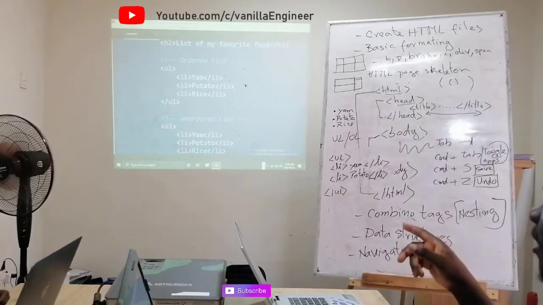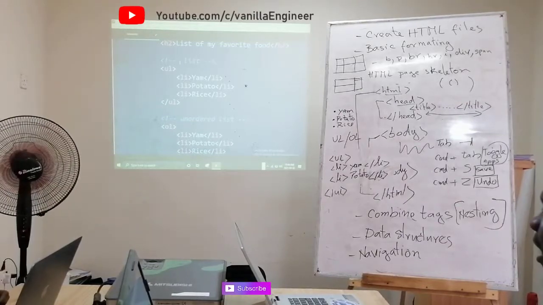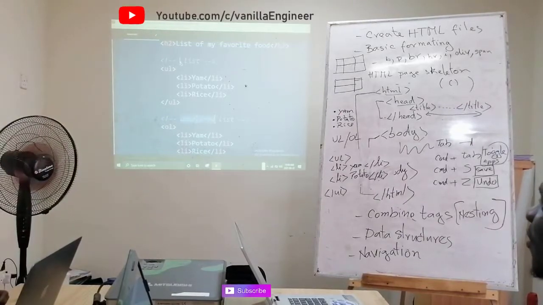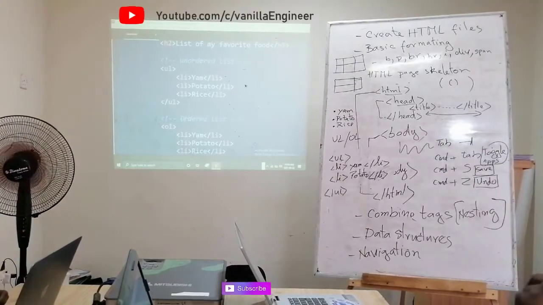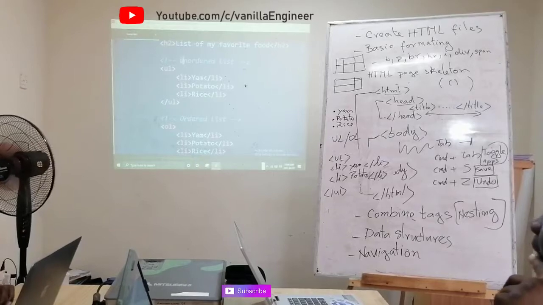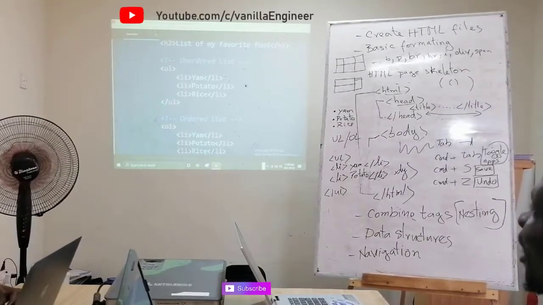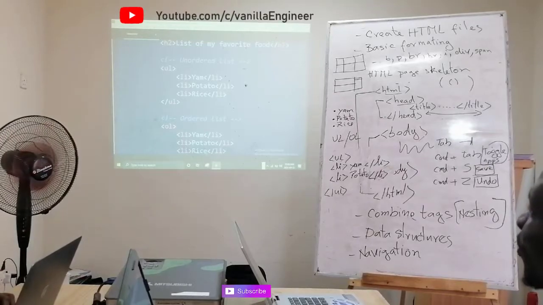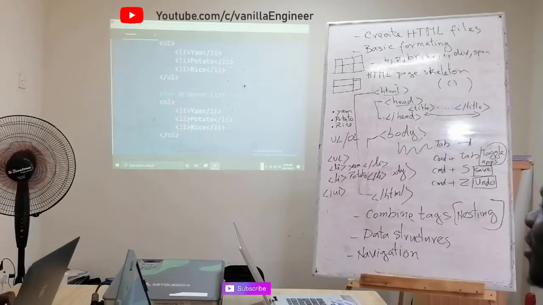The top list is the unordered list, and the bottom list is the ordered list. My apologies. So we have the unordered list on top here, and here we have the ordered list.